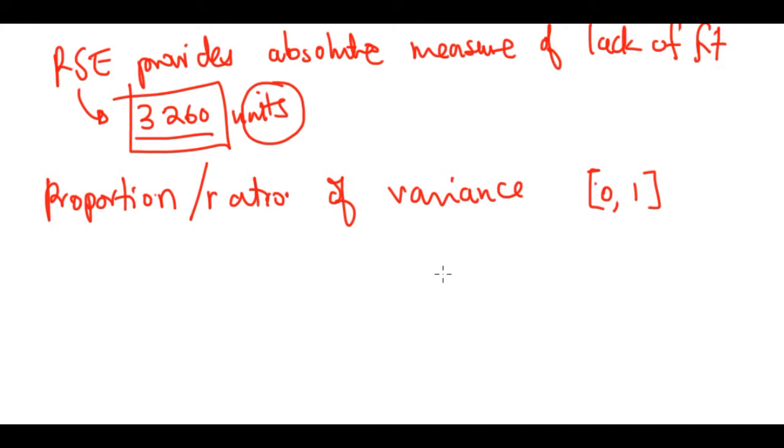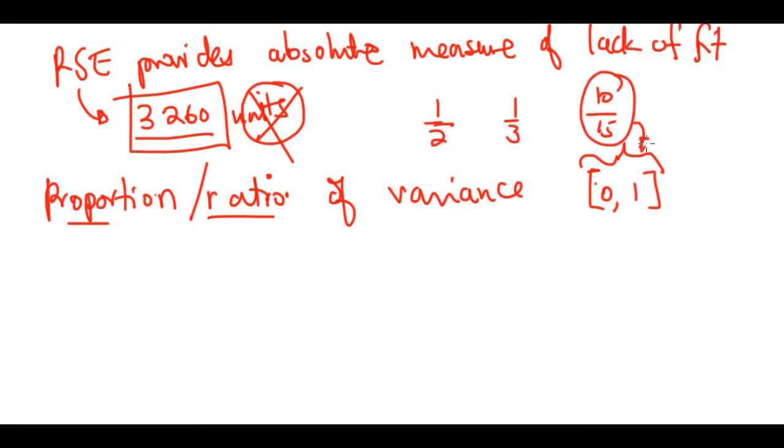Let's see why that is the case. It doesn't have units like this, and it always takes a value between 0 and 1 because it is a proportion or a ratio. Remember, a ratio like 1/2, that's a ratio. 1/3 is a ratio. 10/15, that's a ratio, right? So it is always between 0 and 1, right?